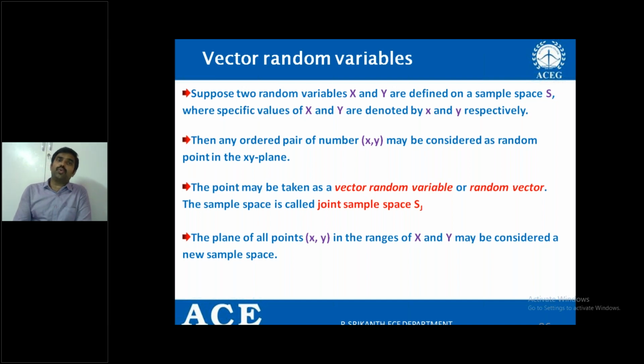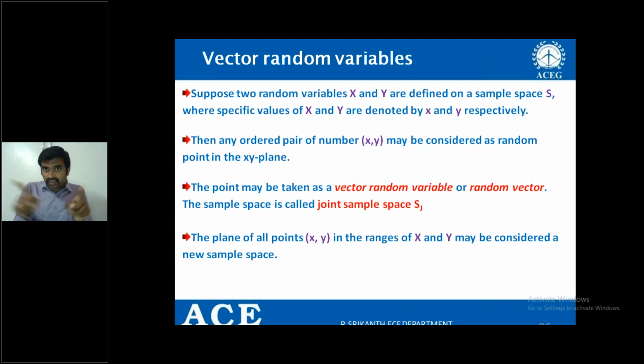First, suppose two random variables X and Y are defined on the sample space, where specific values of X and Y are denoted by x and y respectively. Then any ordered pair (x, y) may be considered as a random point on the xy plane. Earlier it was only an element of one random variable.